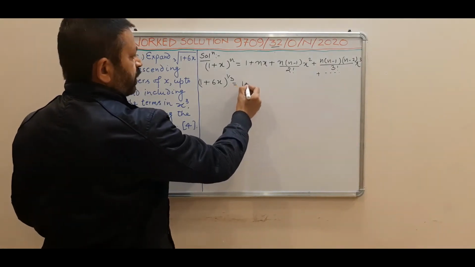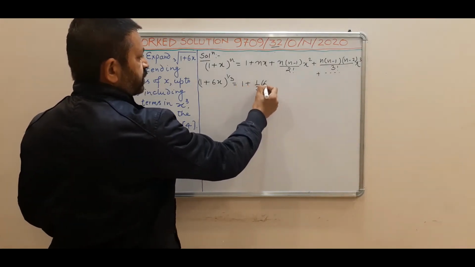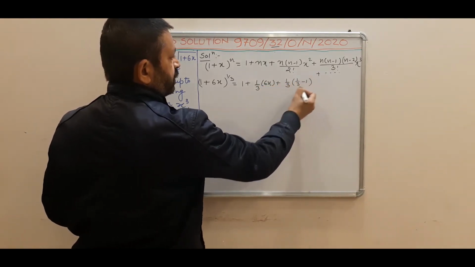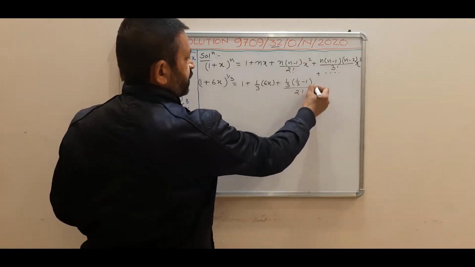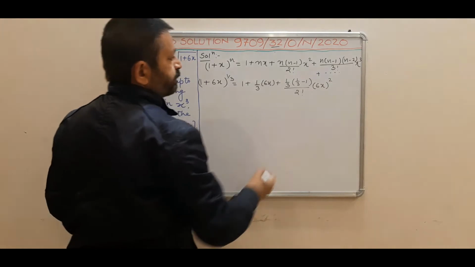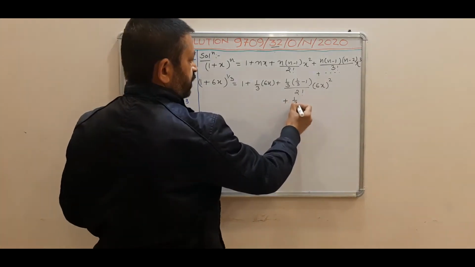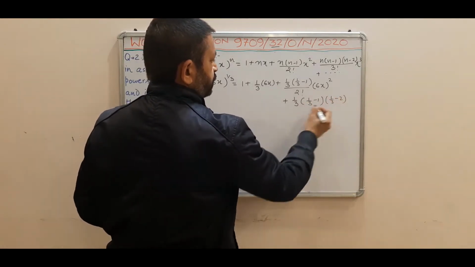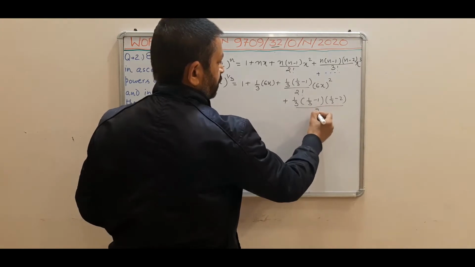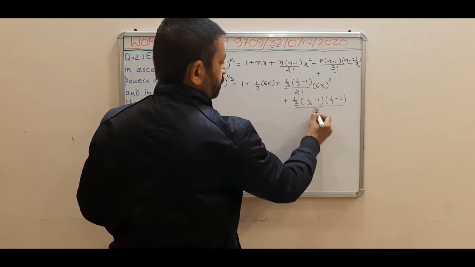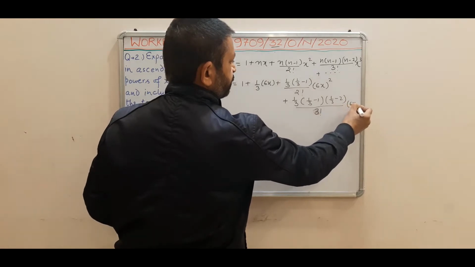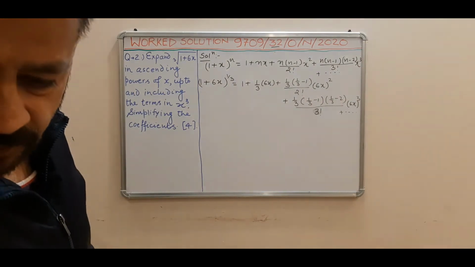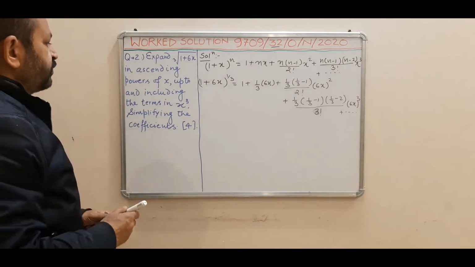So it will become 1 plus, what is my n? n is 1 upon 3 into 6x, plus n(n - 1) upon factorial 2 into x square, in place of x we have 6x, plus the last term will be n(n - 1)(n - 2) upon factorial 3 into x cube, in place of x we have 6x, and so on. We will leave out the rest because in the question it is asked up to the term with x cube.